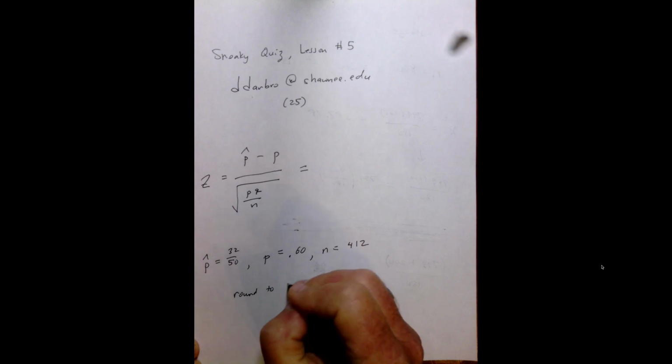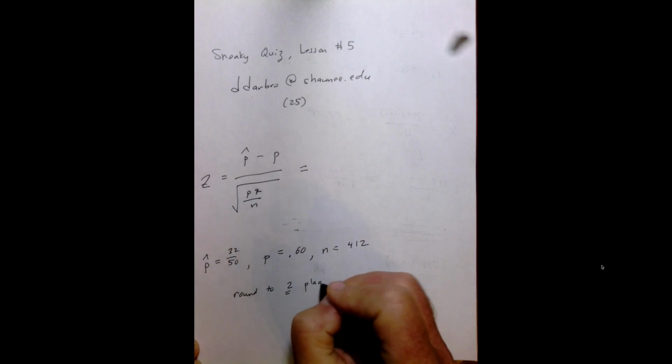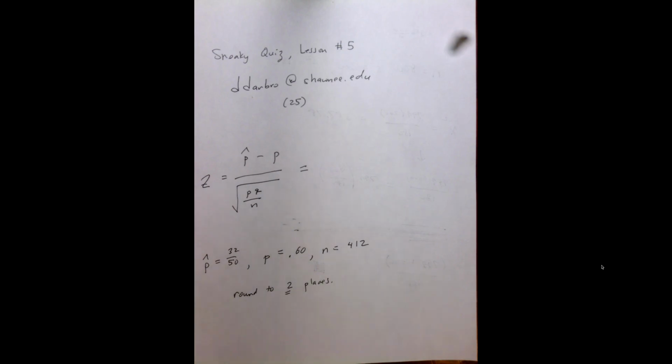Round to 2 places. Send this to me in an email by the time assignment number 5 is due in my stat lab, and you'll get 25 out of 25 points.